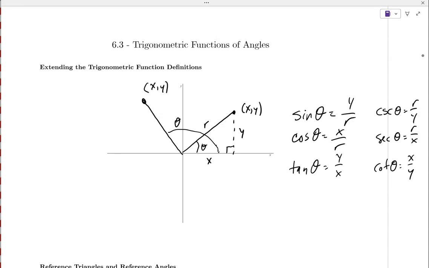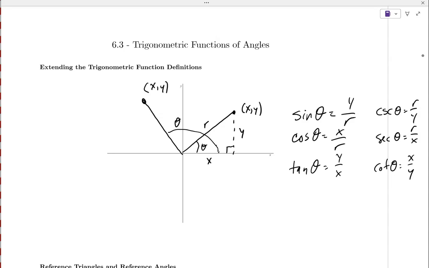I could have also, and I'm going to draw it down here because my picture will get all sorts of messed up, but if you were to draw it down here and put your x, y coordinates, your x and your y would both be negative, right? Over here, which one would be negative? The y, right? So this is how we're going to extend our notions of the trig functions to angles that aren't just between 0 and 90 degrees, or not just between 0 and pi over 2.